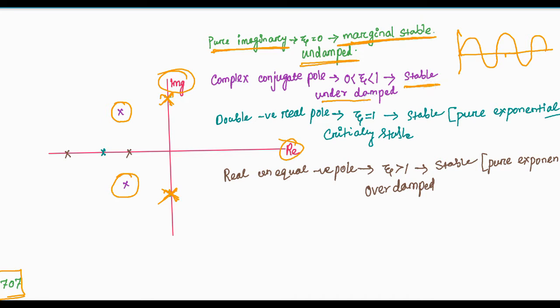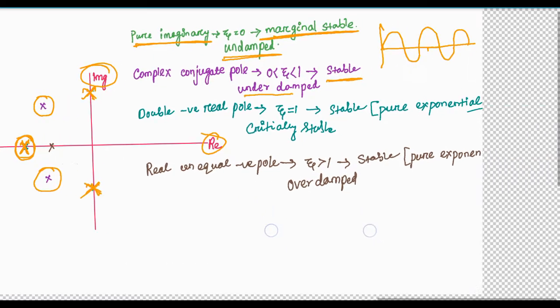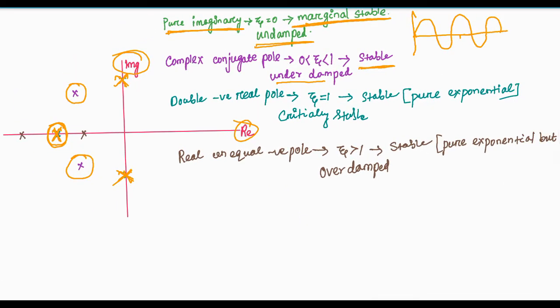If the poles are double negative real poles, like this, here the poles are the same but on the real axis and negative. So what does this indicate? This indicates critically damped, that means zeta is equal to 1, and the system response will be like this. Suppose this one is the final value, this will be like this, critically damped.